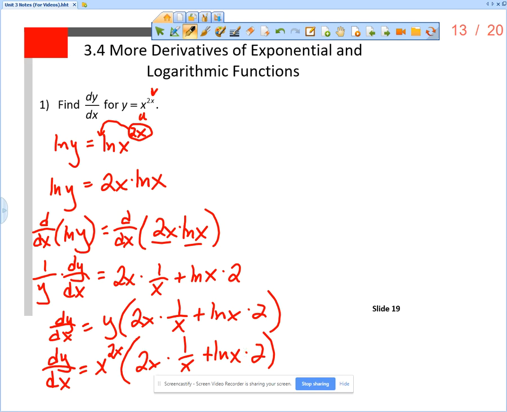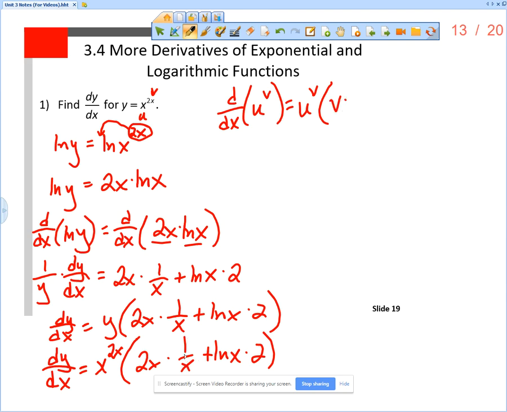All right, so now, I don't want you to memorize this, but how can we generalize this rule? If I have the derivative with respect to x of u to the v, how can we generalize it? Well, if you look down here, x to the 2x, that was u to the v, and then times the quantity 2x. What was 2x? That was v times, what was 1 over x?